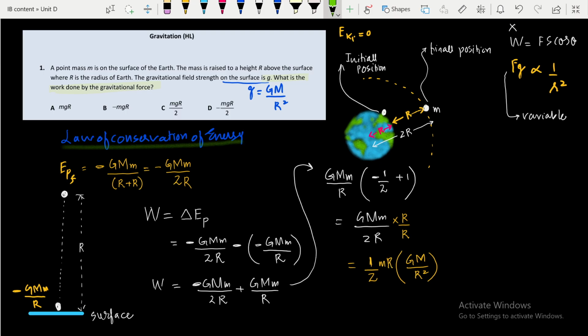GM over R square is obviously small g, so mgR over 2 is the final answer. This is the total work done to raise the object from the surface to the point where the distance is 2R from the center. So it should be option C.